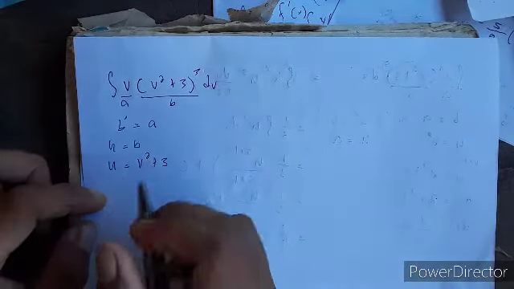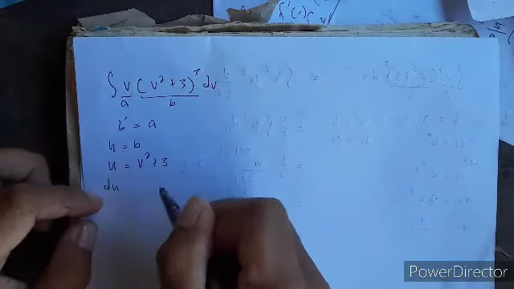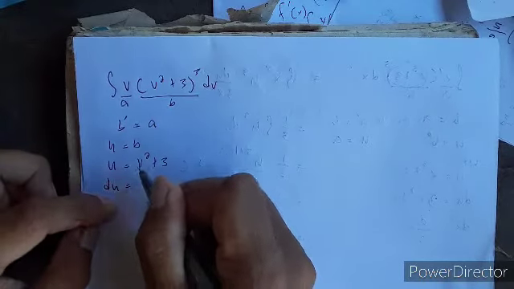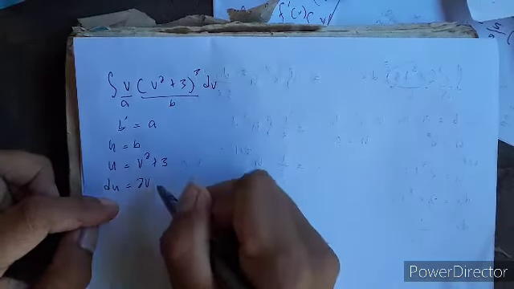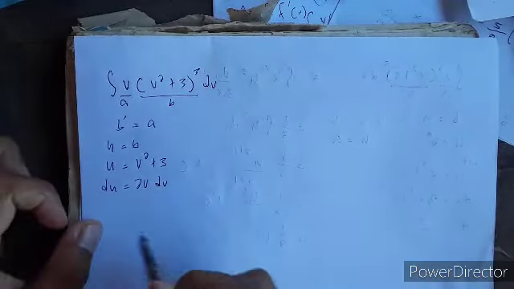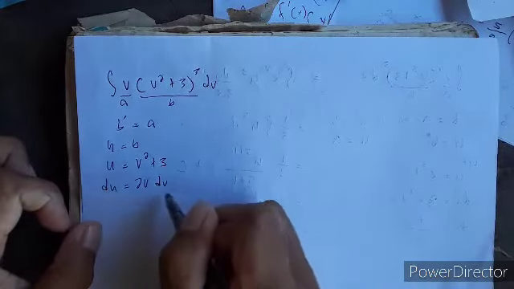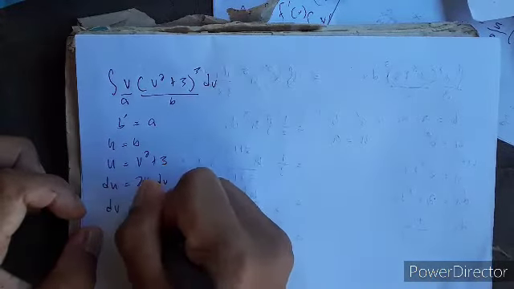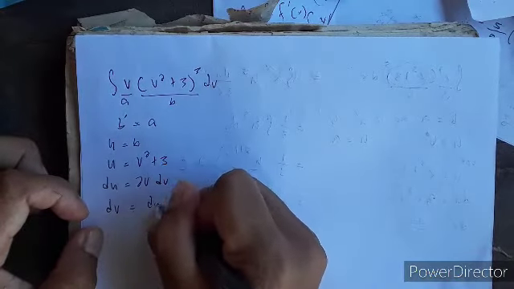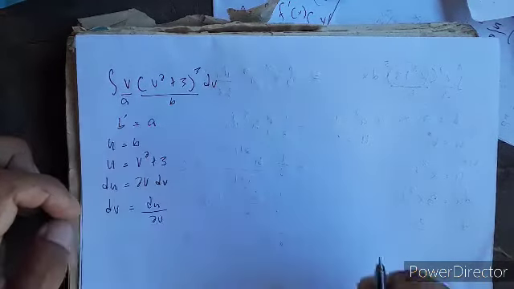So our u is equal to b, which is equal to v squared plus 3. And finding the derivative, du is equal to 2v dv. So dv is equal to du over 2v.